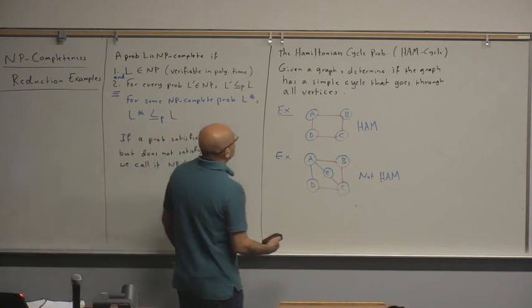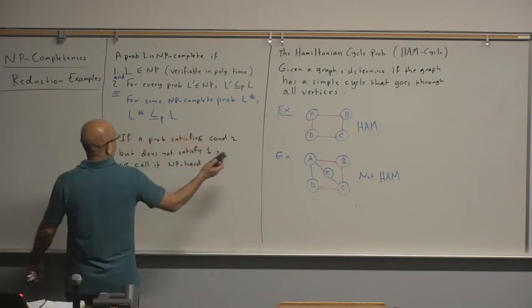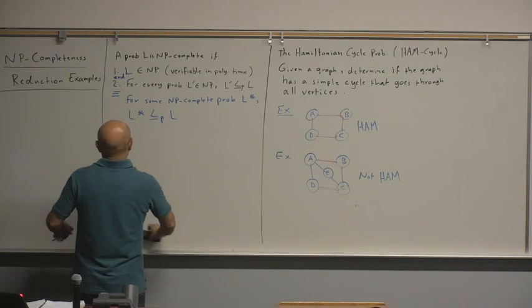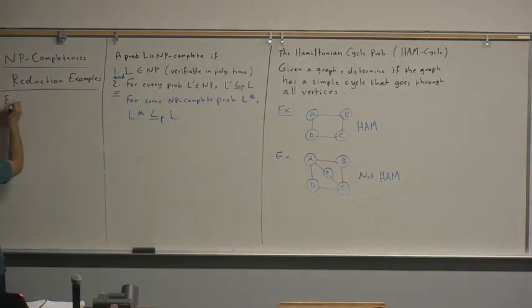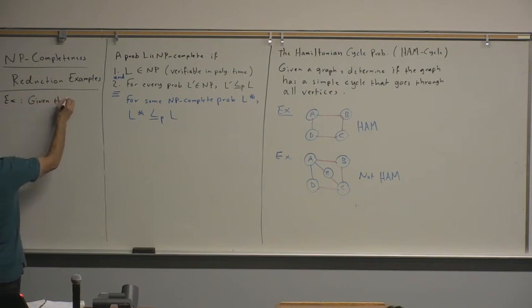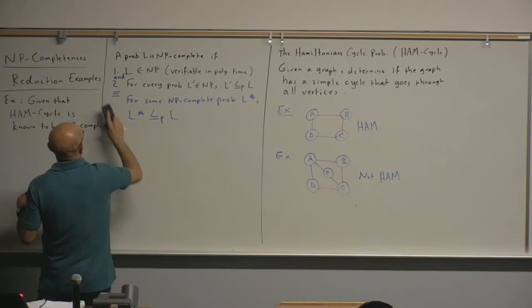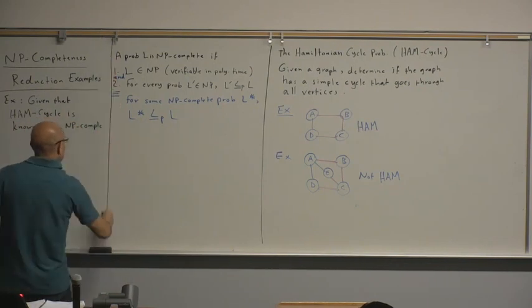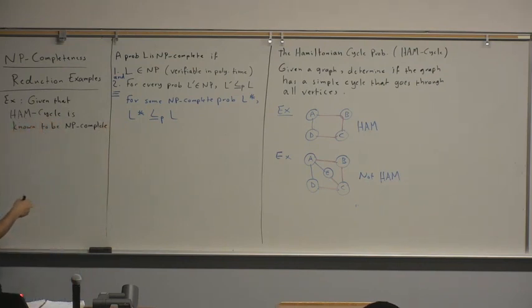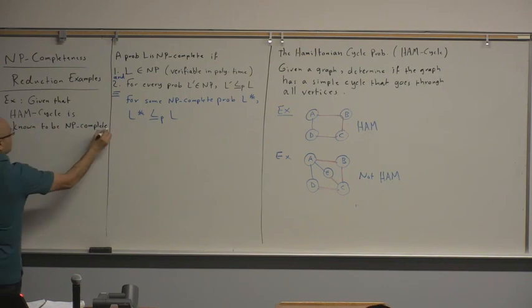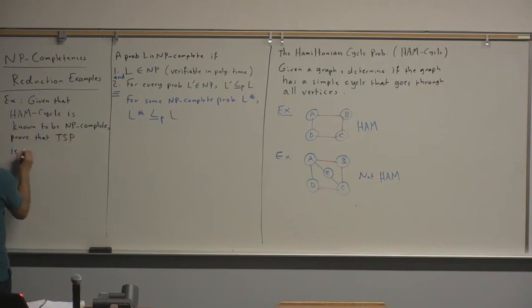Now, this is the example: given that Hamiltonian cycle is known to be NP-complete, prove that TSP is NP-complete.